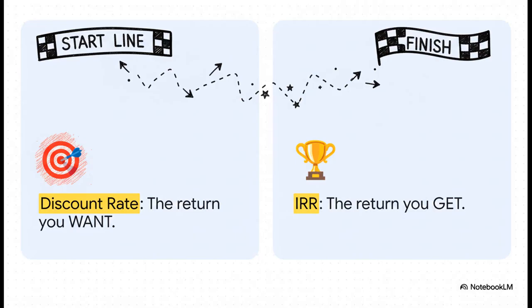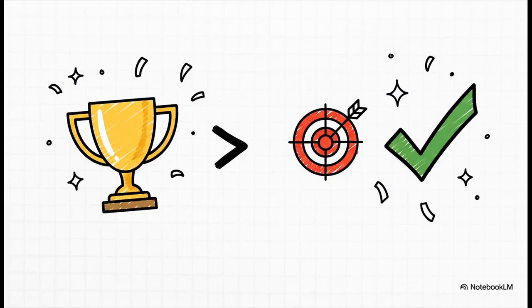The discount rate is the personal goal you set. It's the return you want. The IRR is the final score. It's the return you actually get. Want versus get. And this is where it all comes together. The decision becomes simple. If your analysis shows the final score, the IRR, is going to be higher than the goal you set for yourself, your discount rate, then you have found a good deal.